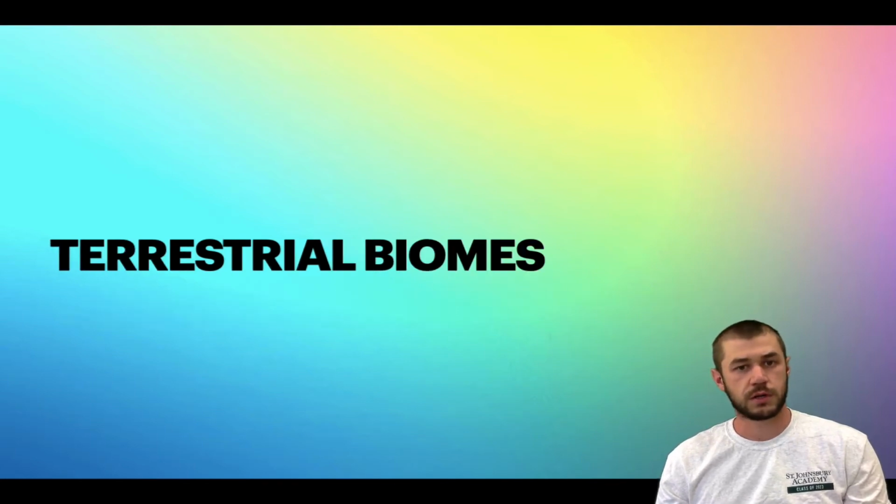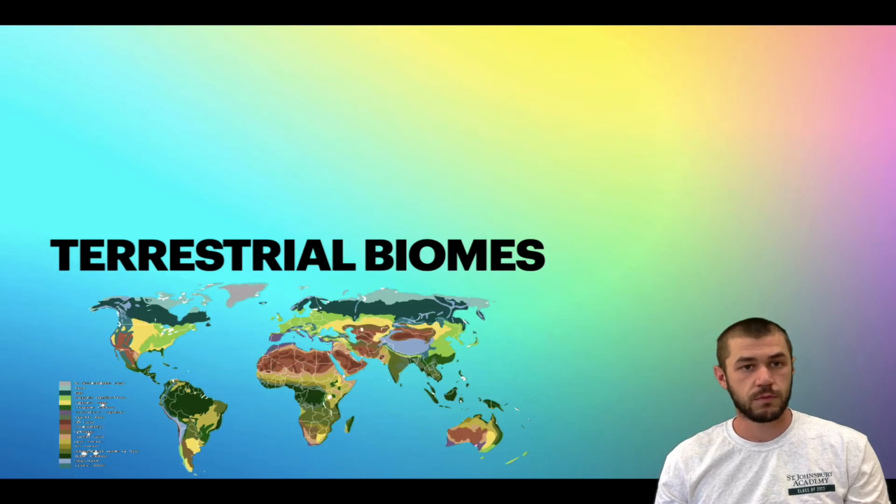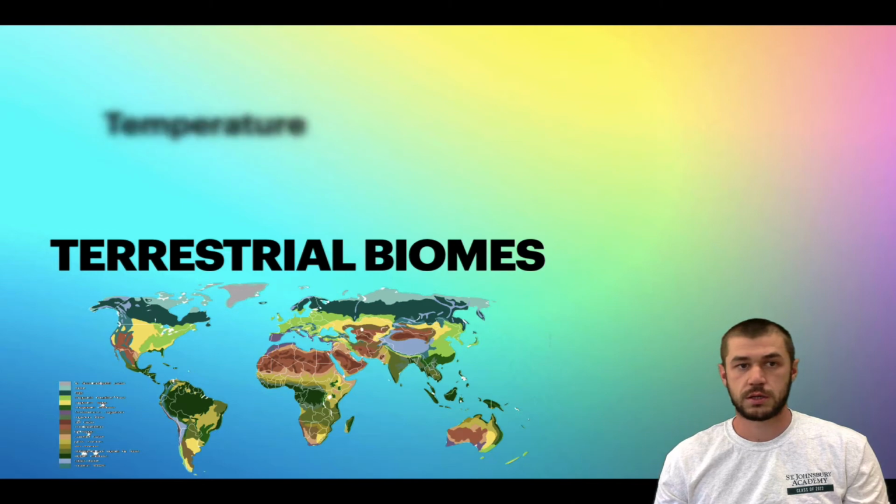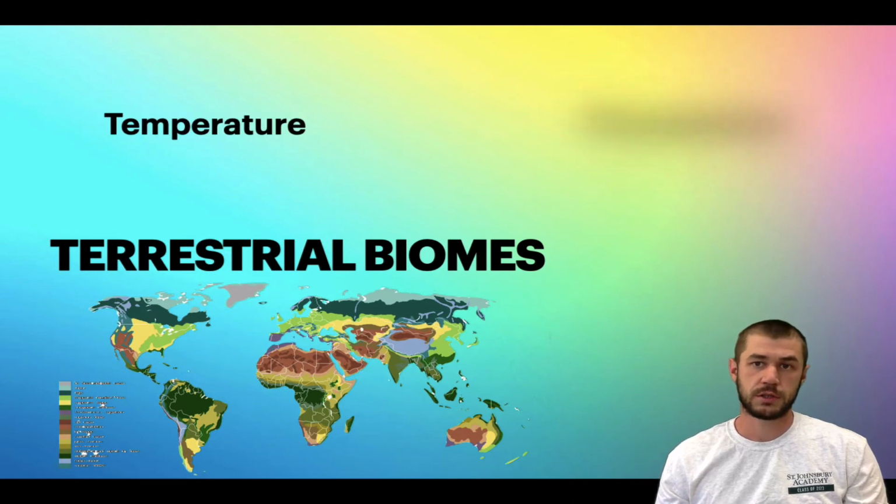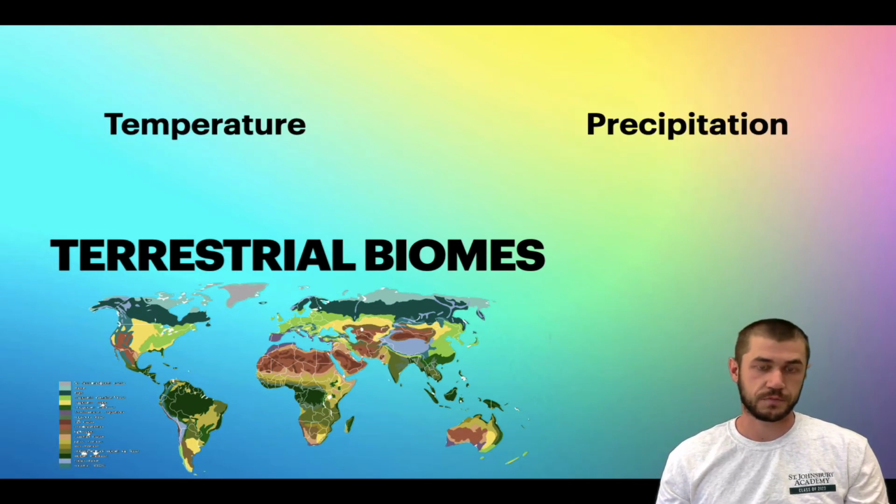Terrestrial biomes are biomes that are on land, and we define them with temperature and precipitation.